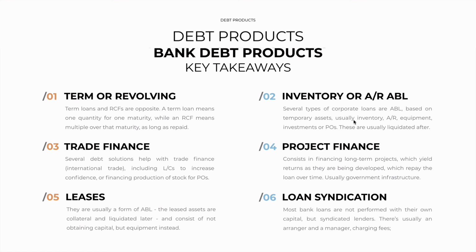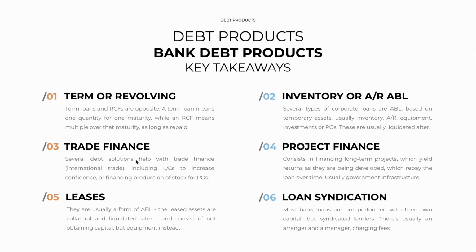So for example, borrowing 1 million based on inventory that will be liquidated 1 month from now, or borrowing 200 million based on a purchase order that will be liquidated 3 months from now, or borrowing 1 billion based on your portfolio company participations that will be liquidated 10 years from now. Then we have trade finance products.